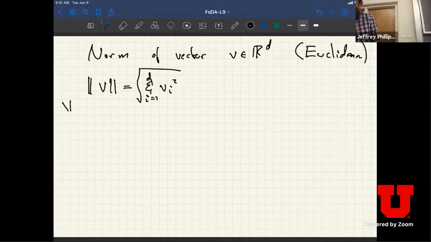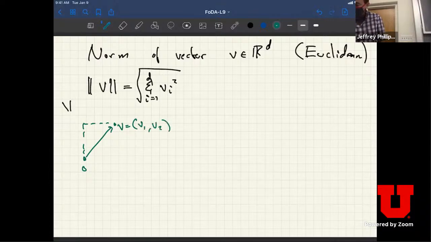You're probably familiar with the Pythagorean theorem. Maybe that picture is jumping ahead a little bit. Let's draw it this way. Let's say this is the 0 vector, this is v, and v is actually in 2D, v1, v2.